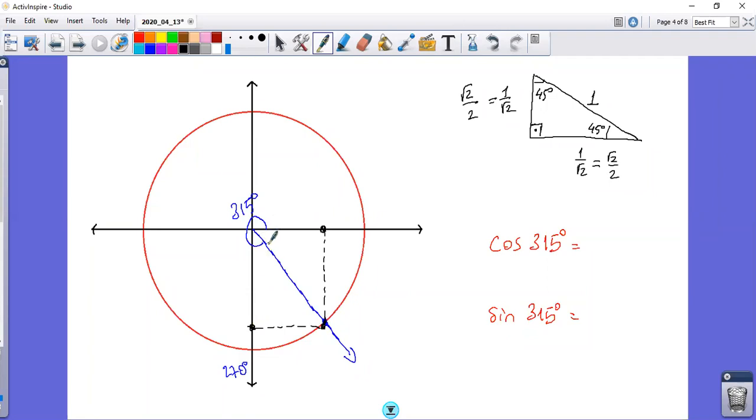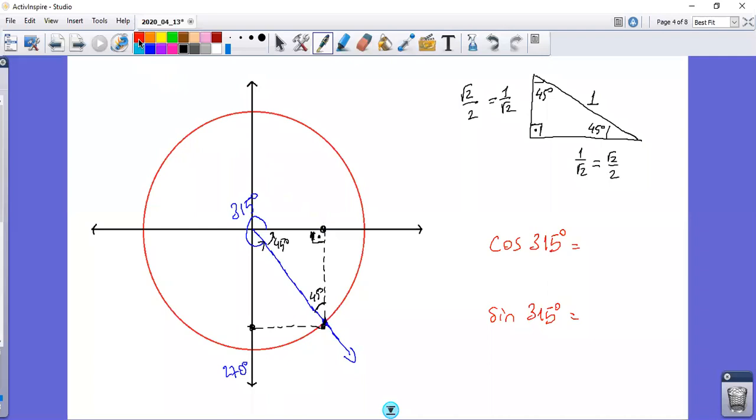Now we can say that this angle is 45 degrees because the entire angle is 360 and this is 315. 360 minus 315 is 45. This is 45, and this is 90. So this is going to be 45 as well. So now we get this 45, 45, 90 special triangle.